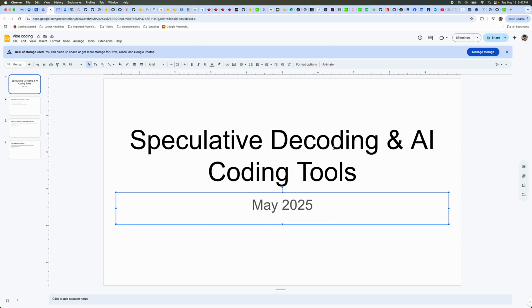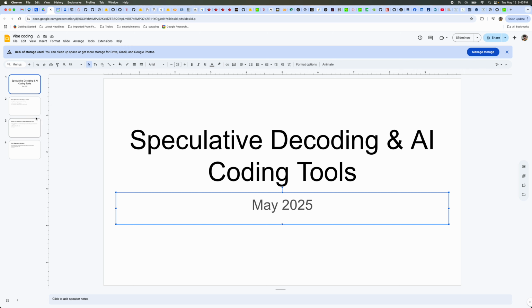Then we also use an AI coding tool, specifically Cursor, to see whether AI is able to implement the speculative decoding algorithm successfully or not, and then iterate by testing the AI code, to see how close AI is to implementing new ideas and helping us speed up the implementation.